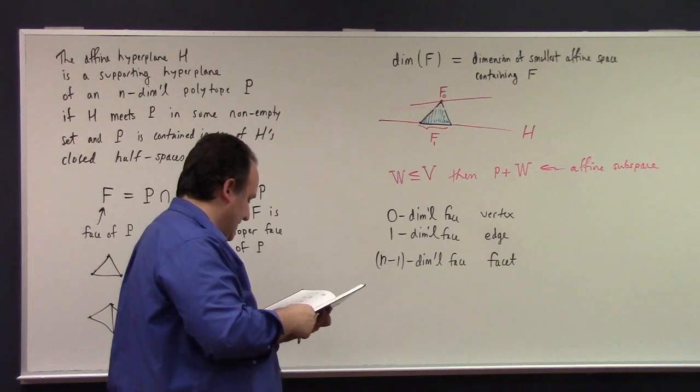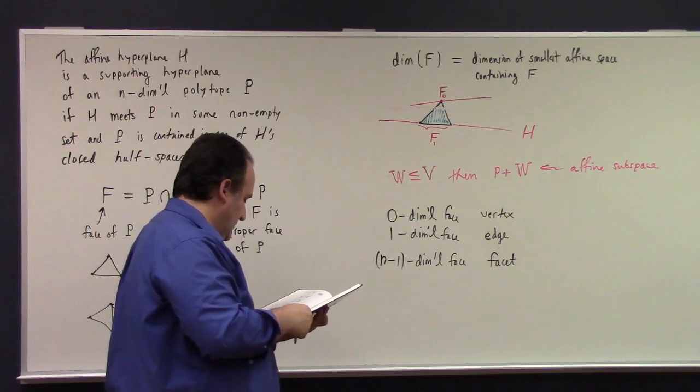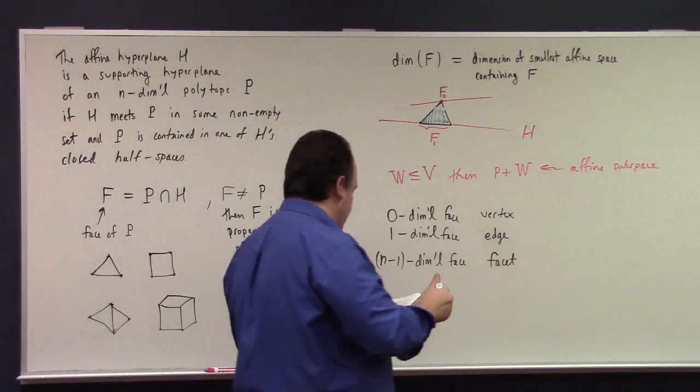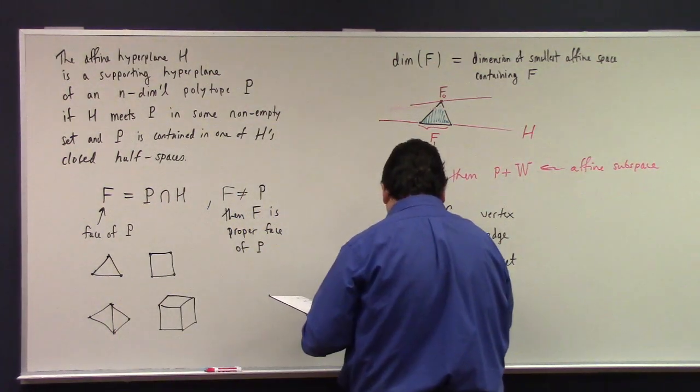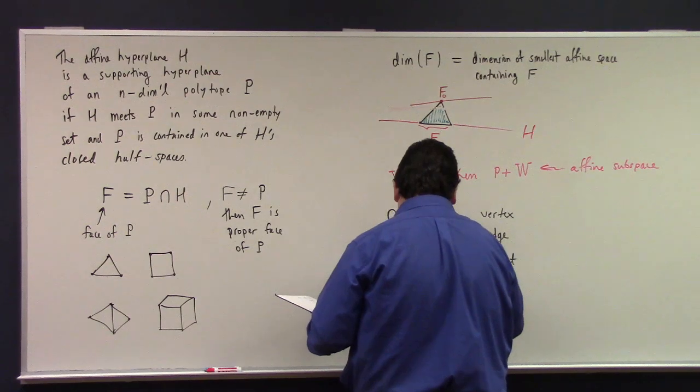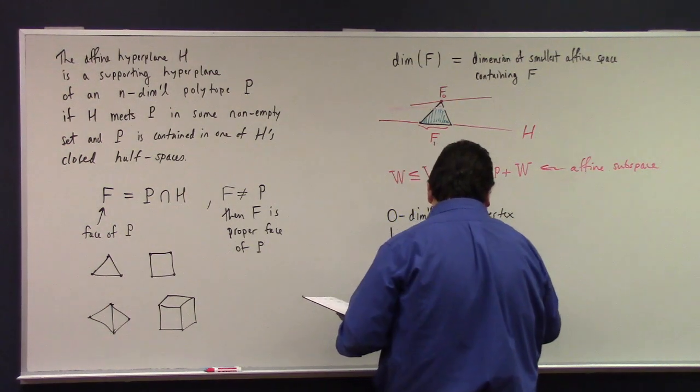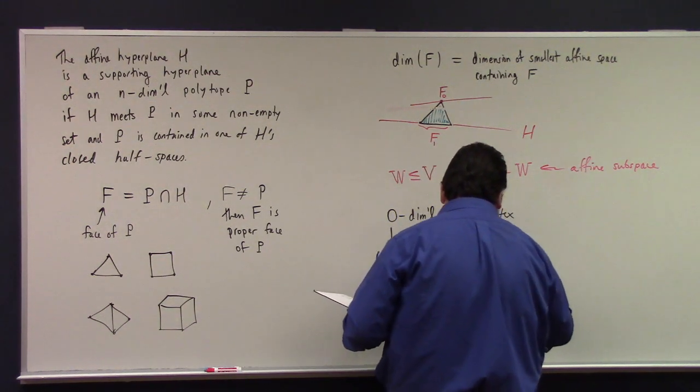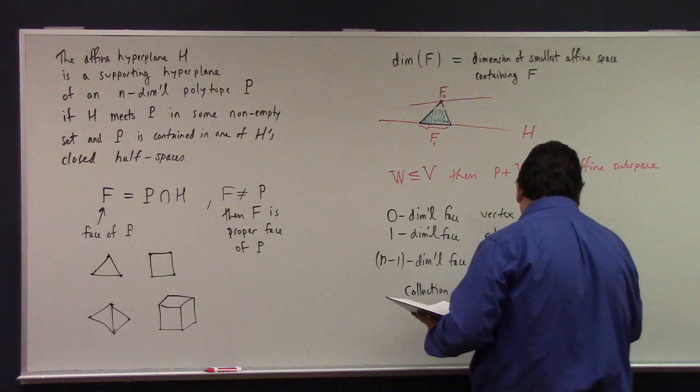Let's make sure I don't miss anything here. The collection of all facets of a polytope is what?